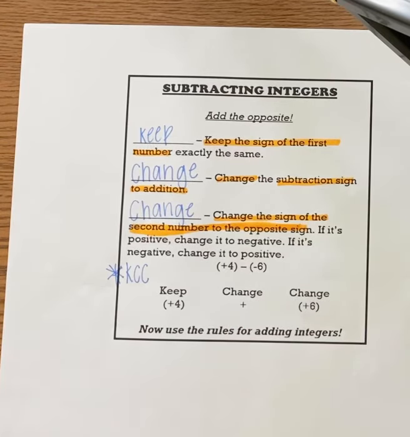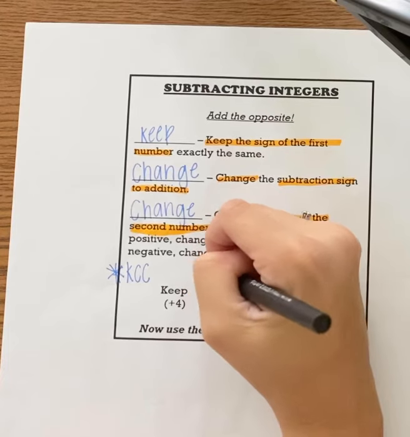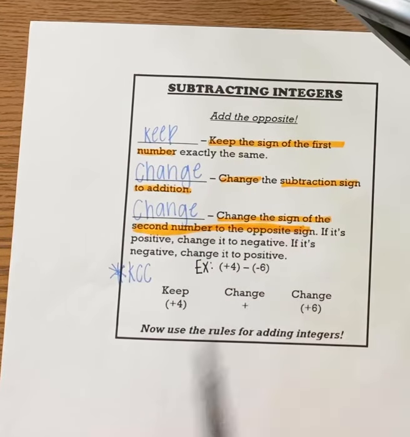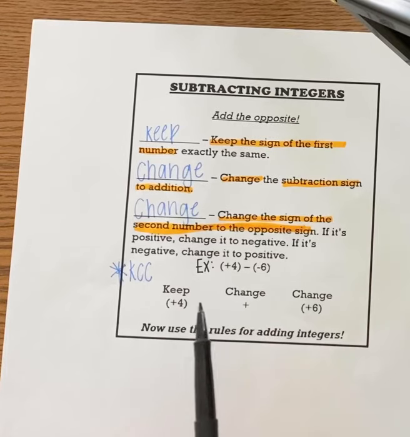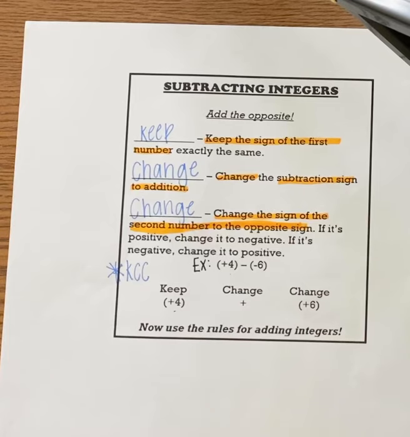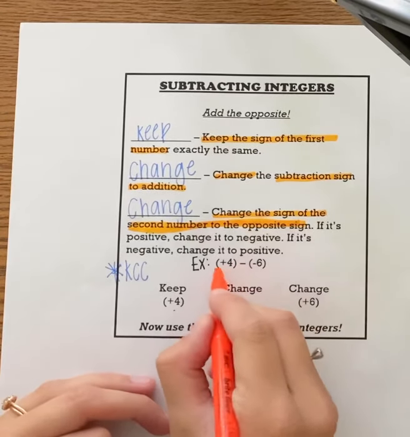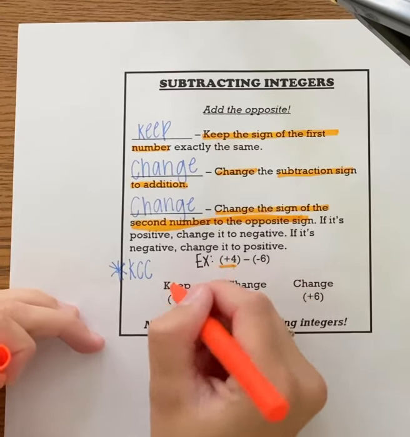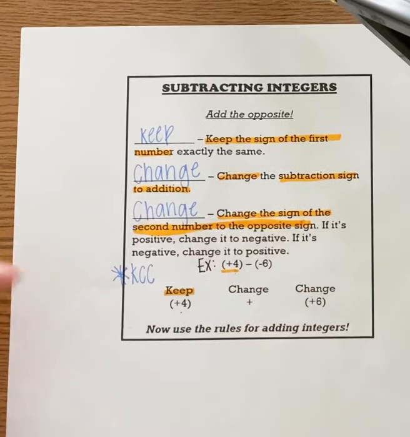All right, so we have this first example. In our first example, it has positive 4 minus negative 6. What you're going to do is keep the sign of the first number. So the first addend, or the first subtrahend in this problem is 4. It's a positive 4. So you keep it as a positive 4.